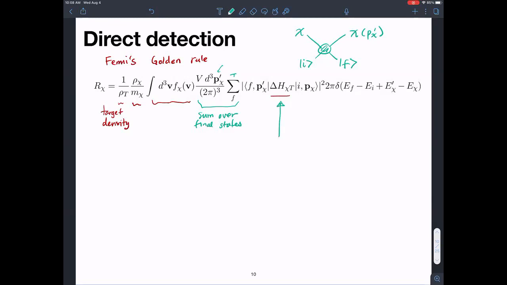One is going to be a dark matter piece, and one is going to be a target piece. This should be an integral over this for a mode Q.